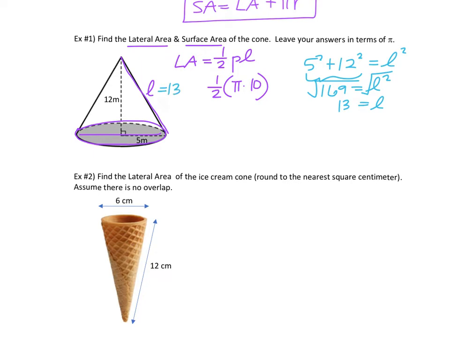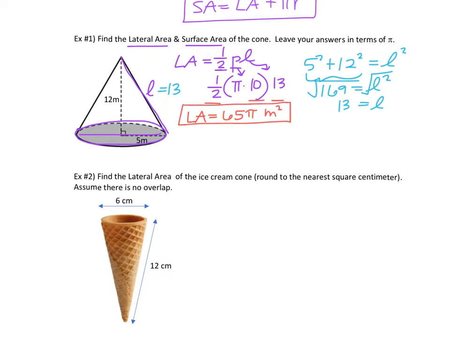When we plug it into the formula, 1/2 times P times L, you're going to do like we did last chapter where we don't multiply the pi, but we multiply everything else. So 1/2 times 10 times 13 gets you 65. Your lateral area is 65 pi square meters.